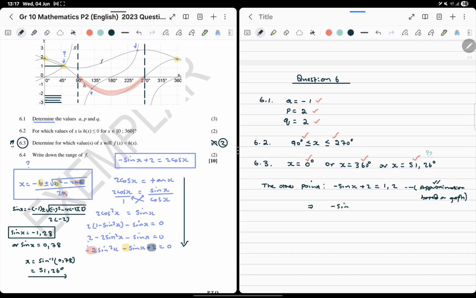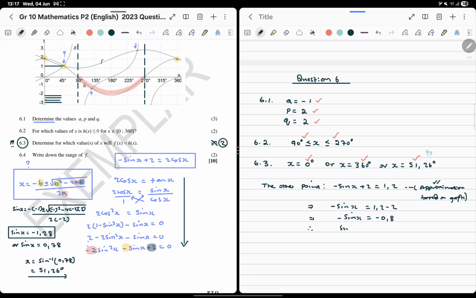So this is minus sine x equals, we transpose the 2, is going to be 1, 2 minus 2. This implies that we have sine x is equal to 1, 2 minus 2. It gives us a 0,8 minus 0,8, right?